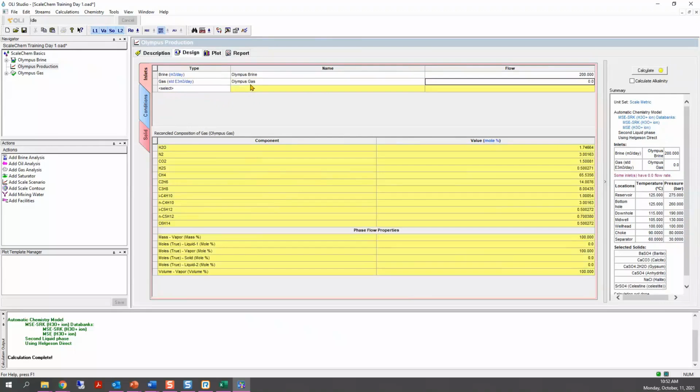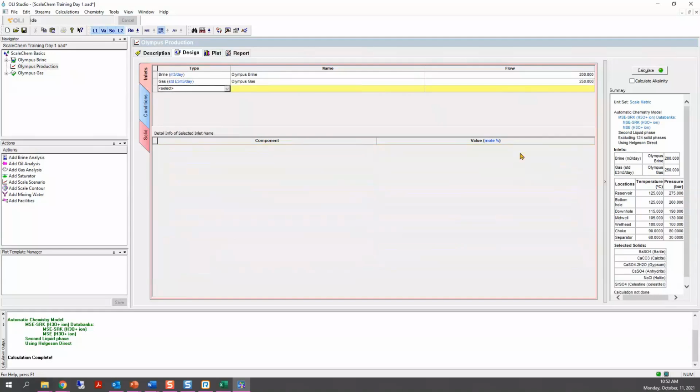It was given to us, it was measured at separator conditions, the operators measured how much it was: 250 standard 1,000 cubic meters a day. So that's the amount of gas that we're going to enter here, 250 standard 1,000 cubic meters a day. Okay, so nothing else changes here.